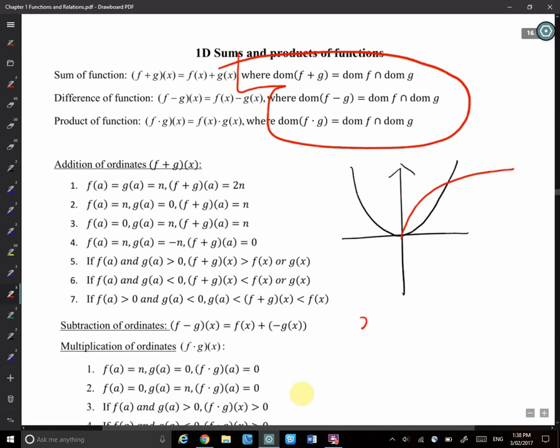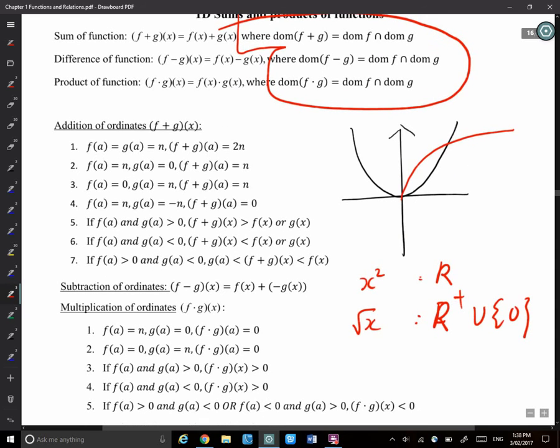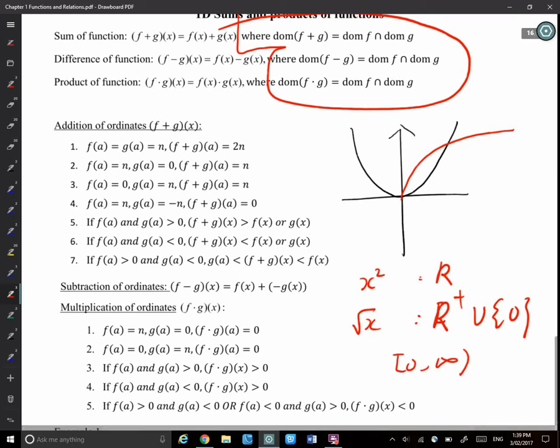For x squared, the domain will be R. For square root x, the domain will be R plus union 0. I want the intersection. The intersection will be 0 to infinity. So for the sum of the functions, the domain will be 0 to infinity, not R.